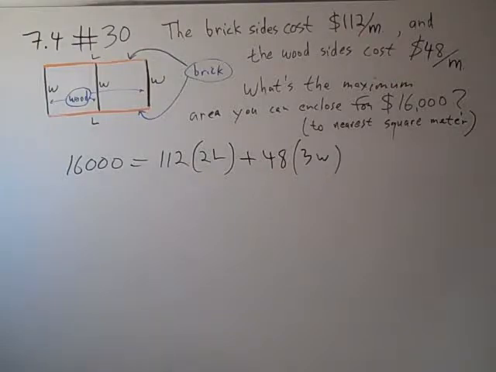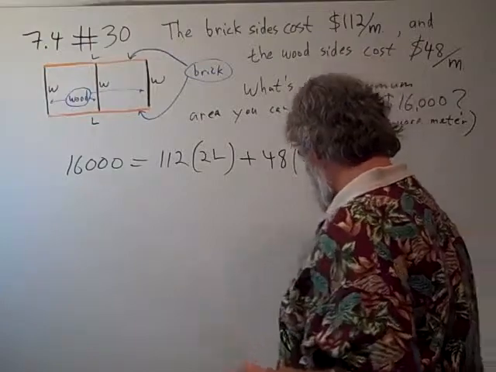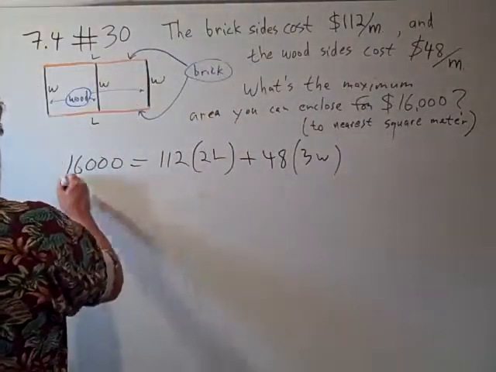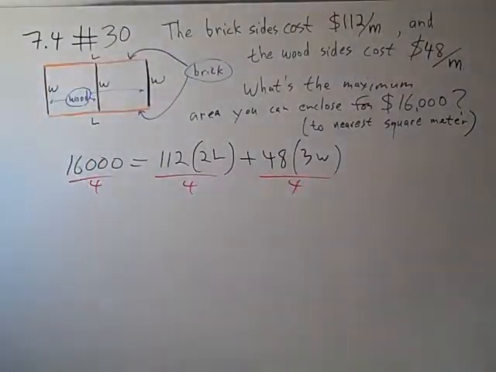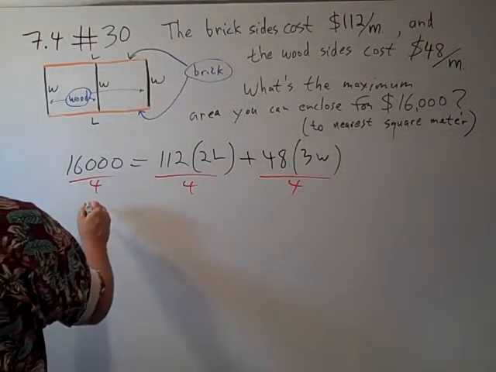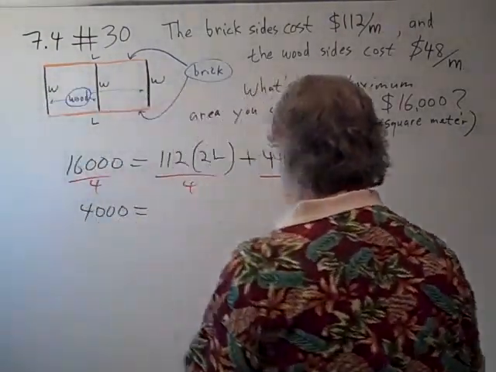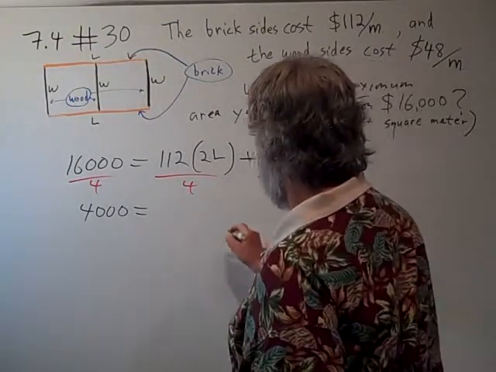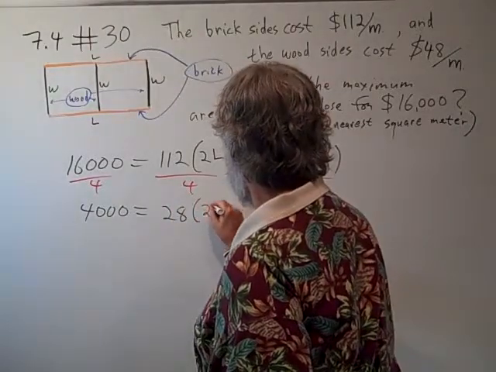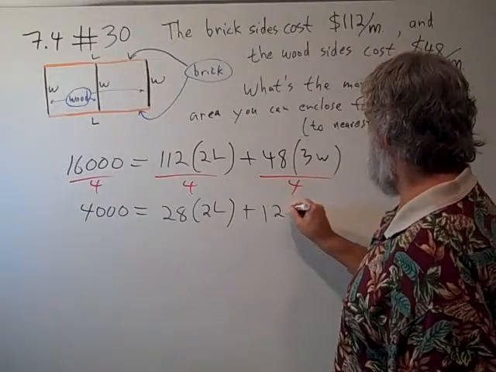Now I notice that it looks like 4 will divide into everything, so we can make everything smaller by dividing by 4. So if I divide by 4 on both sides, just dividing every term by 4, this is 4,000 is equal to 112 divided by 4 is 28, so it's 28 times 2L plus 4 goes into 48 12 times.